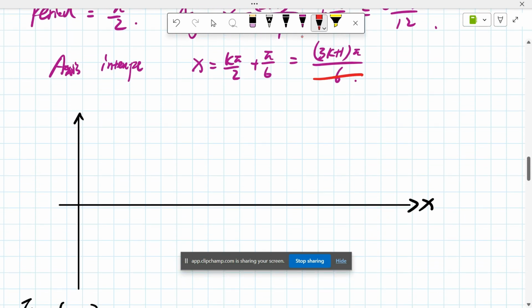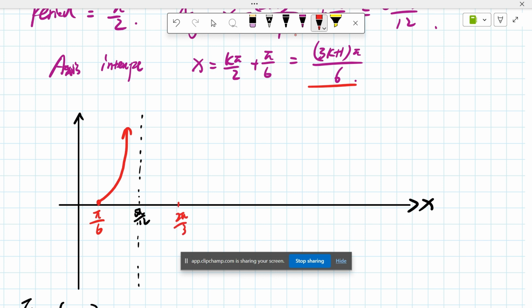Yep, so pi on 6, intersection point, and then 5 pi on 12, and 2 pi on 3.